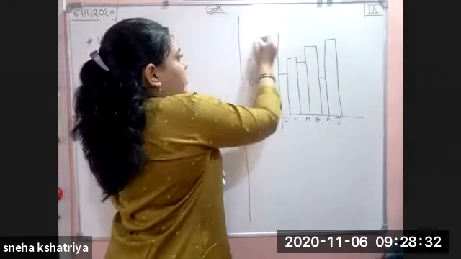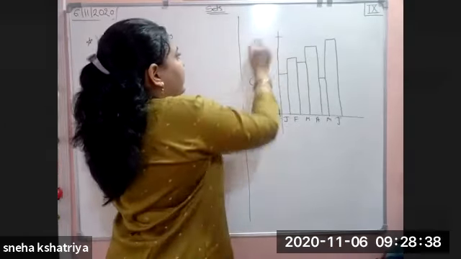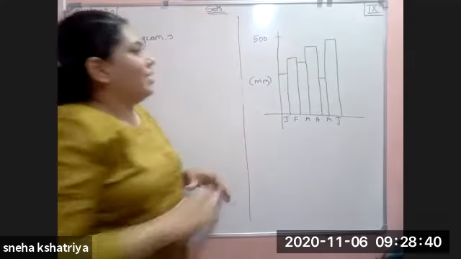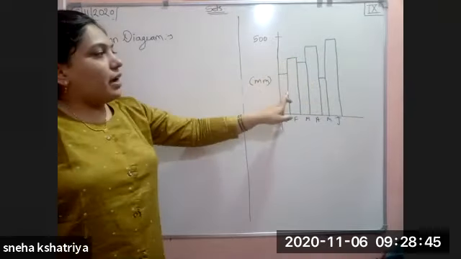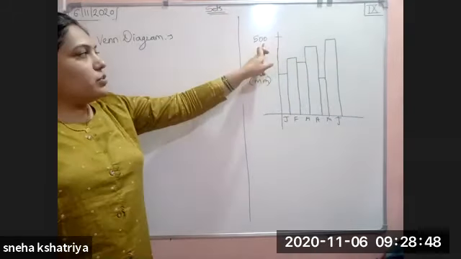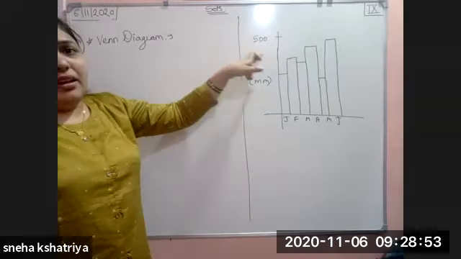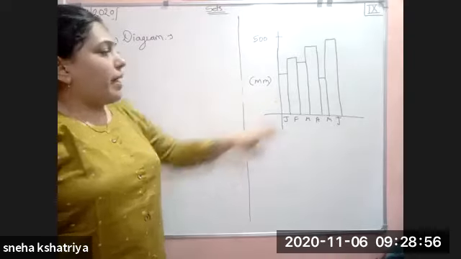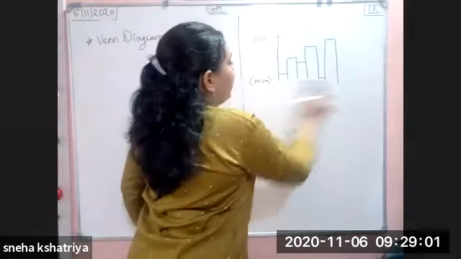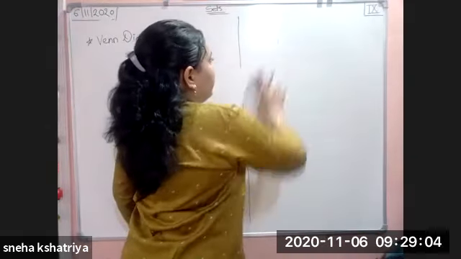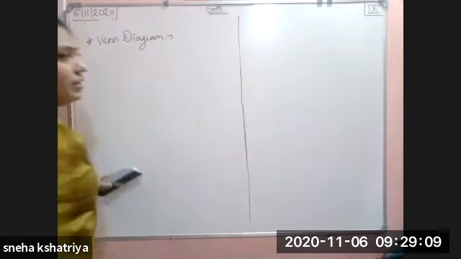The value may be 1000 or 500, I am taking 500 for example. Comparing all the months, we can say June has the maximum rainfall. So by using pictures or such diagrams, we can clearly say what is actually given to us. It becomes easy in diagrammatic form.